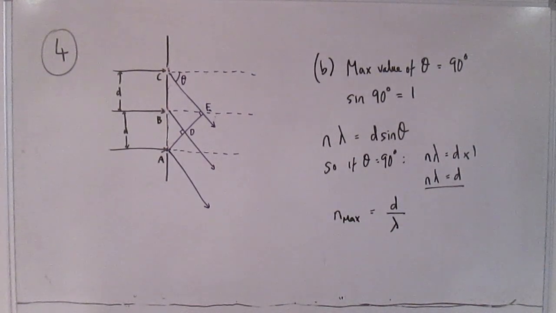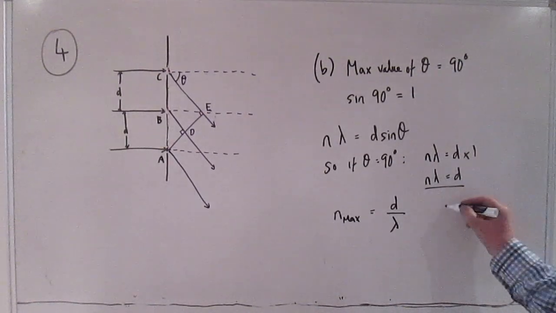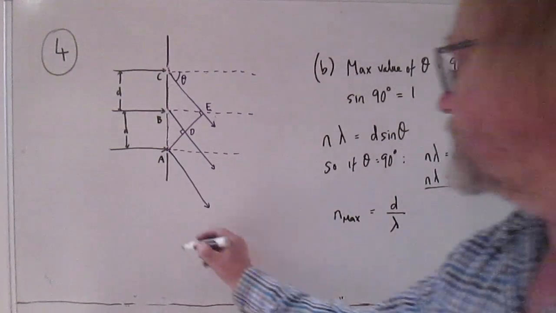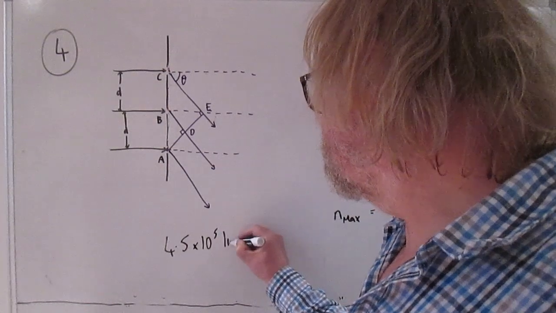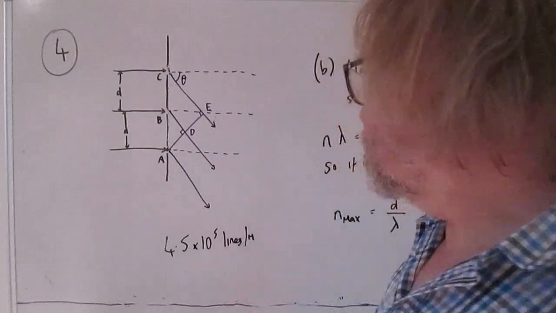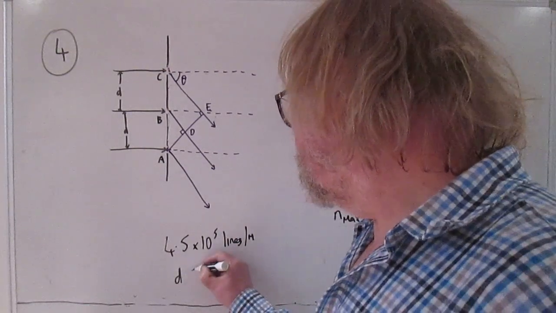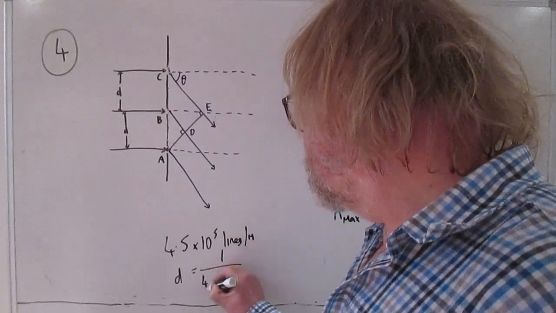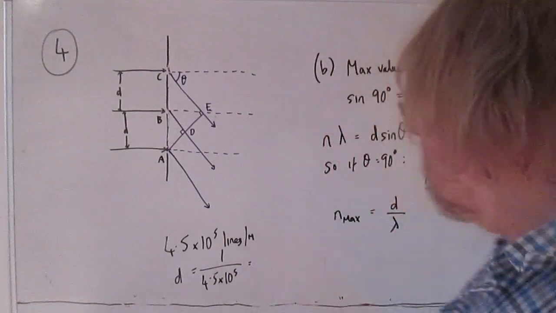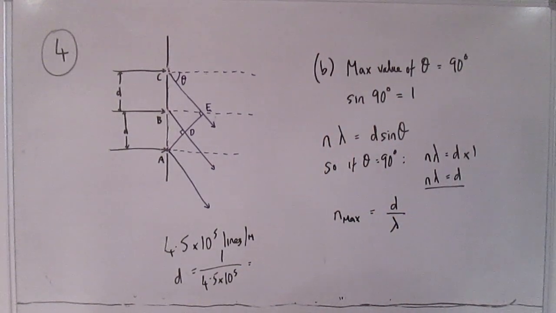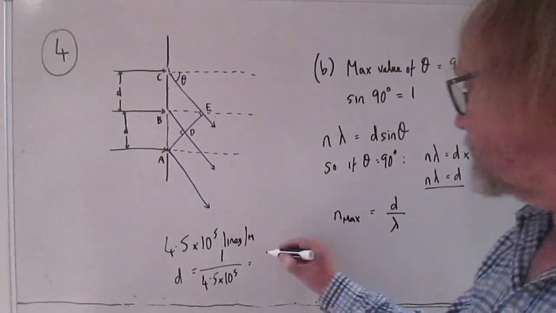So d is the distance between the slits, and it tells us that we have 4.5 times 10 to the 5 lines per meter. So that means that d is 1 over 4.5 times 10 to the 5, because it's the distance between the lines rather than the number of lines per meter, which is 2.222 times 10 to the minus 6.